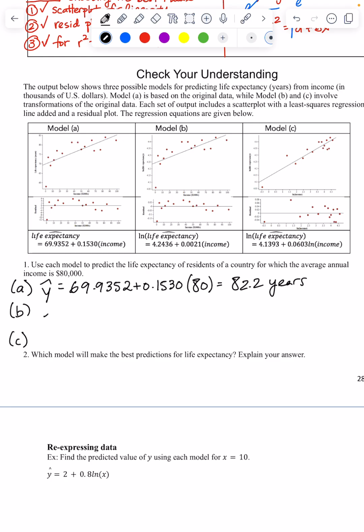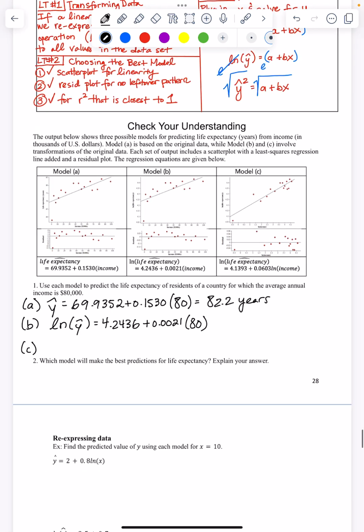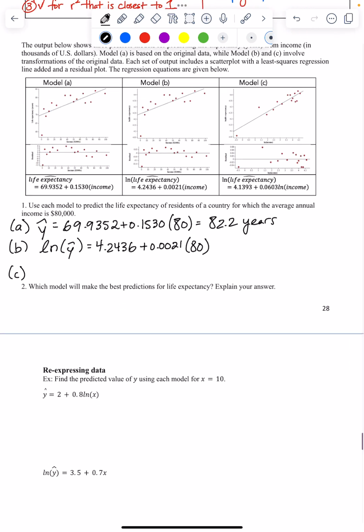The next one, we have the natural log of y hat equals 4.2436 plus 0.0021 times, and again, we're going to plug in our x value of 80. Okay, here, what you get when you put 4.2436 plus 0.0021 times 80 into a calculator is 4.4116. Now, this is not our answer. For one thing, it makes no sense in this context, so that's a really good clue.